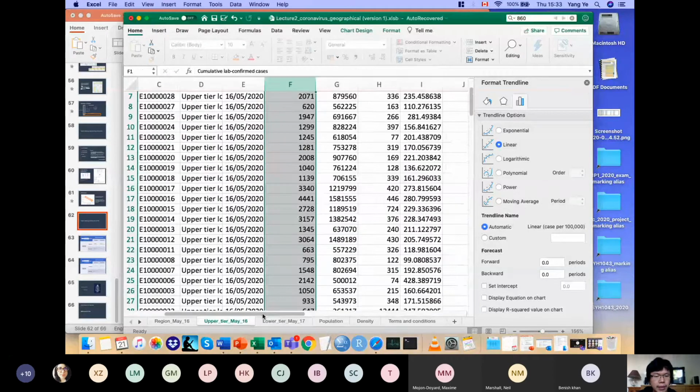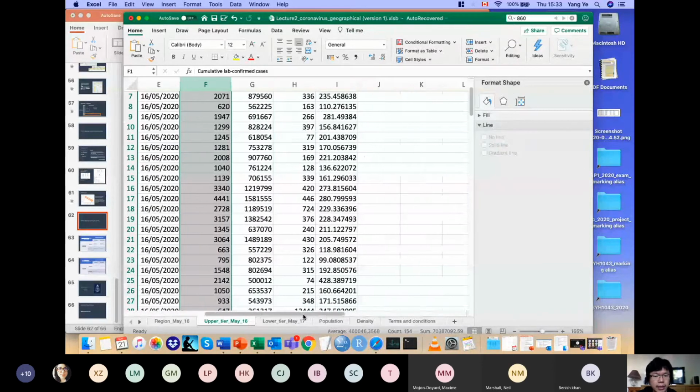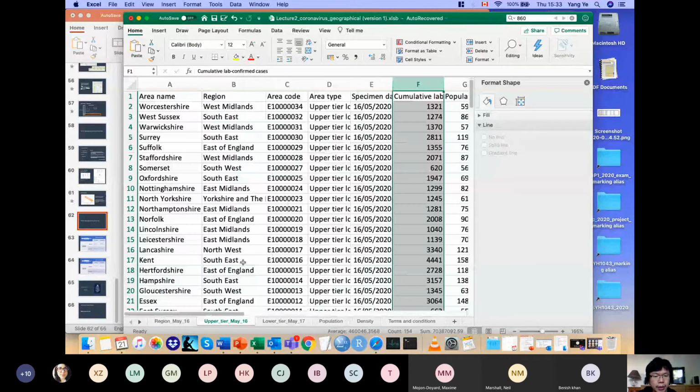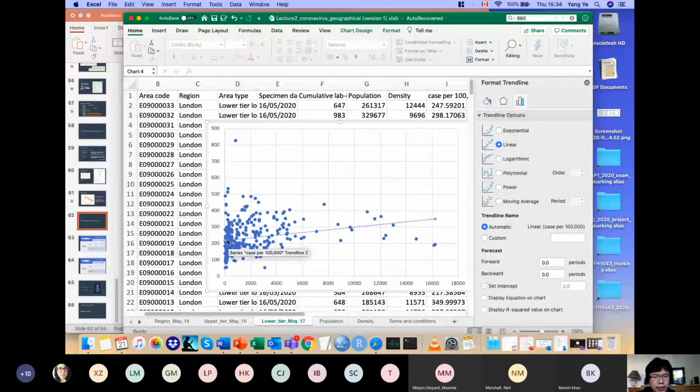Does that make sense? So what it shows is that each unit of change, I'm losing my plot. Okay. So each unit of change of the x-axis will lead to this unit of change on the y-axis, on the dependent variable.